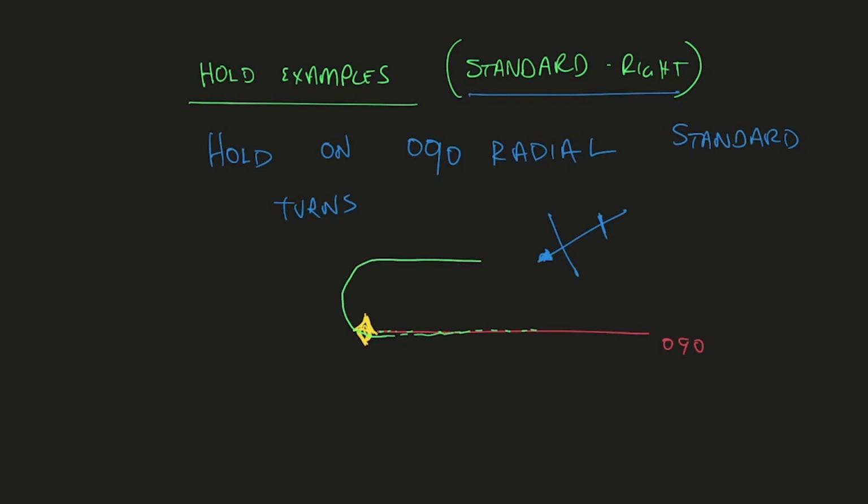You're going to make the racetrack turning right. In this case, the first type of entry will be a direct entry. If you're pretty close to the entry heading, you're just going to go straight to the VOR and start the racetrack.